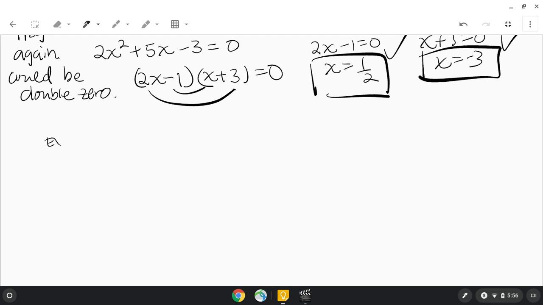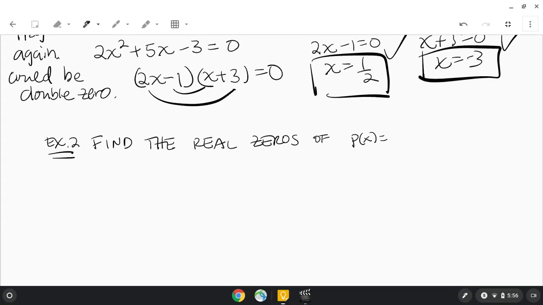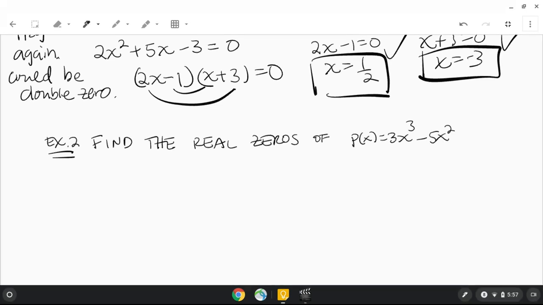So let's take a look at this one here. This one will say find the real zeros of this polynomial: 3x cubed minus 5x squared minus 8x minus 2.